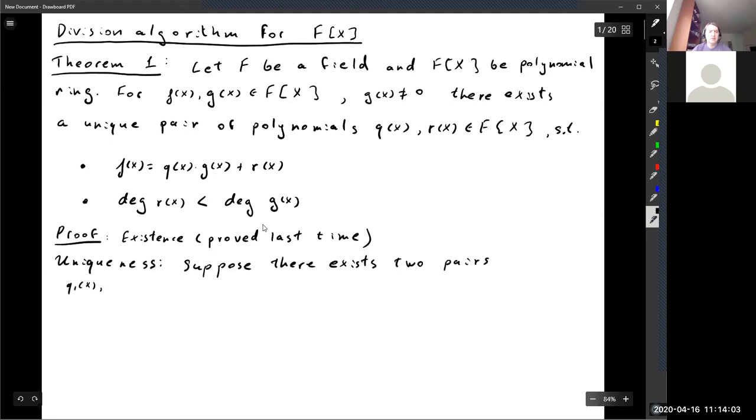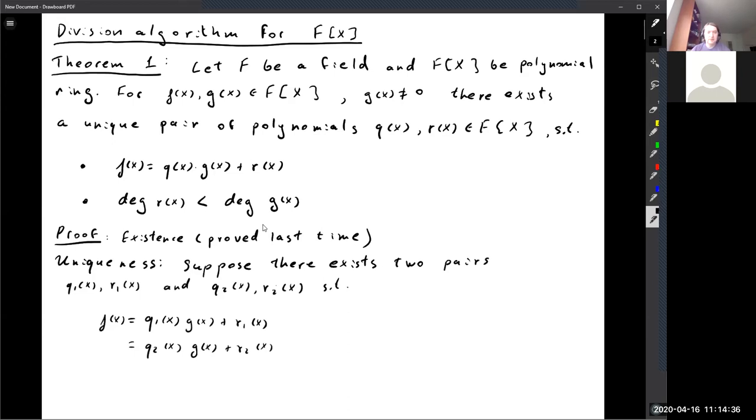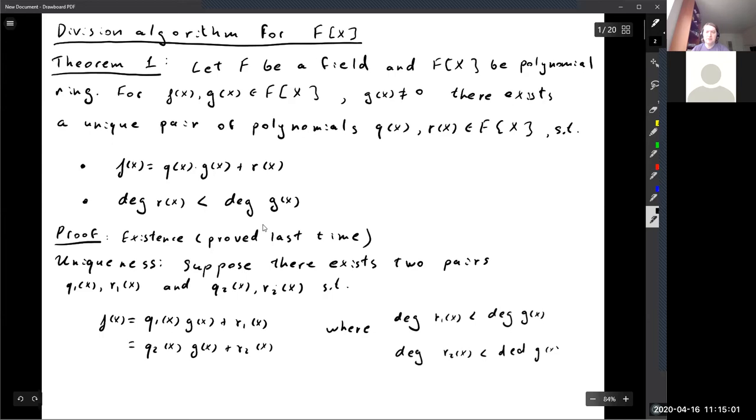The first one we'll call q1, r1 of x and q2, r2 of x, such that f of x can be written in the above form, namely q1 of x multiplied by g of x plus the remainder term r1 of x, and at the same time is the same as q2 of x times g of x plus r2 of x, where both the degree of r1 of x is less than the degree of g of x, and the degree of r2 of x is less than the degree of g of x as well.